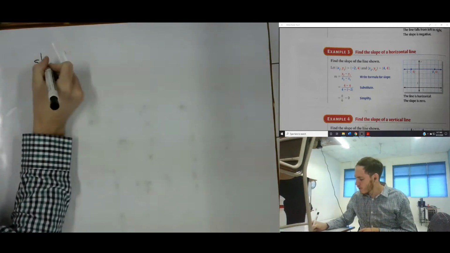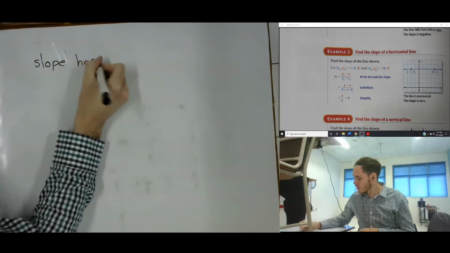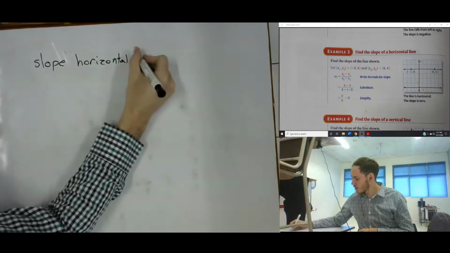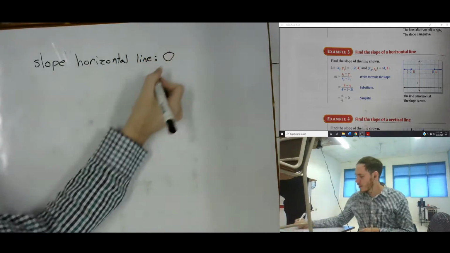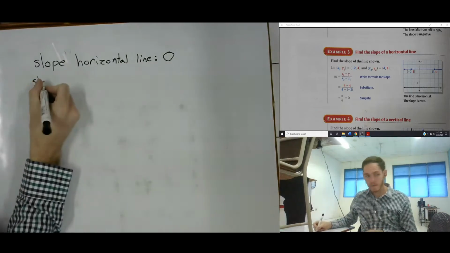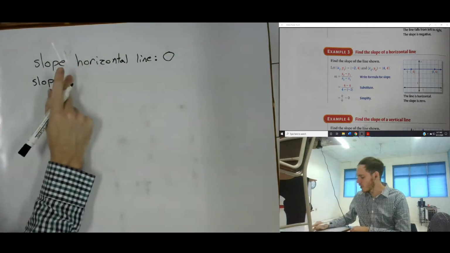So the first thing I want to summarize is that the slope of horizontal lines is always going to be 0. That means there's no vertical change. Okay, what about the slope of a vertical line?